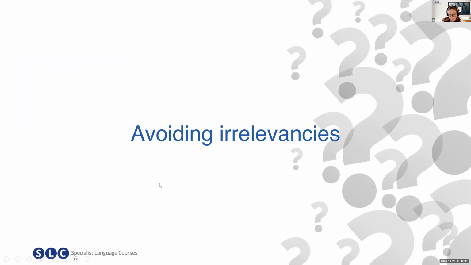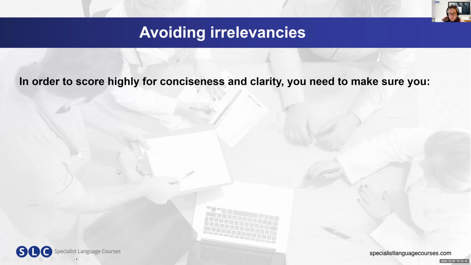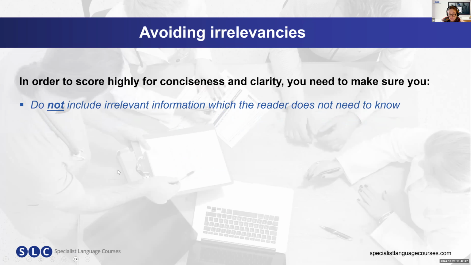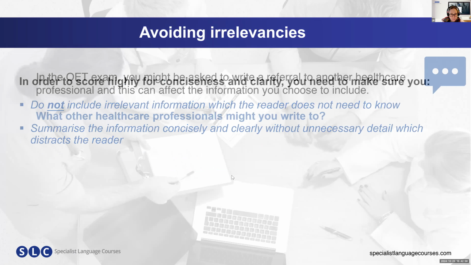Okay, moving on to avoiding irrelevancies. You need to make sure you do not include irrelevant information, which they don't need to know. And you need to summarize information concisely and clearly without unnecessary detail which distracts the reader. So make sure that the focus is right.